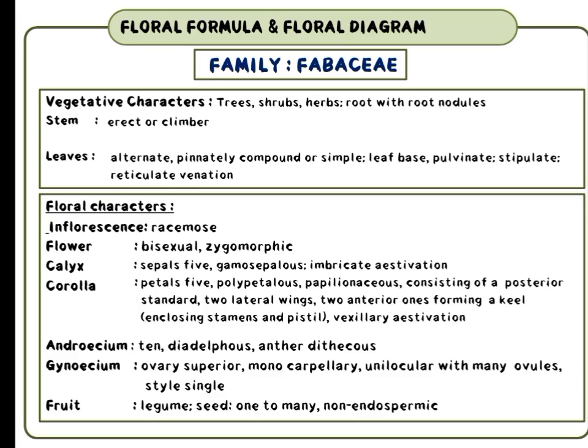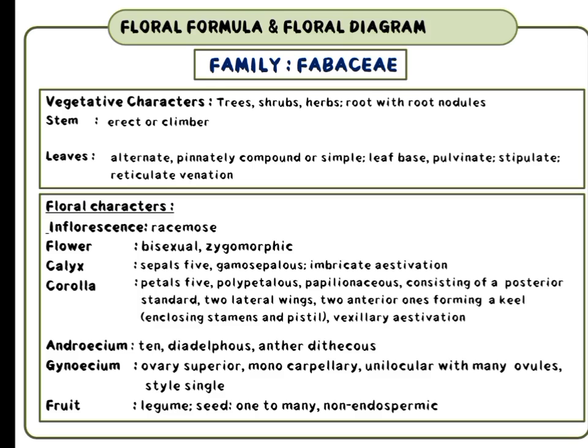And the major specific feature of the Fabaceae family is that they have root nodules present in the roots. Inside the root nodules we can see certain bacteria, and these bacteria help in the fixation of atmospheric nitrogen. That is a feature of the Fabaceae family.